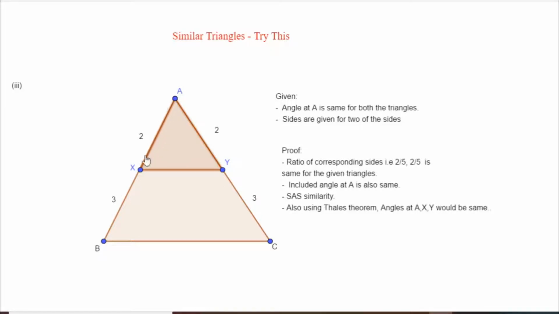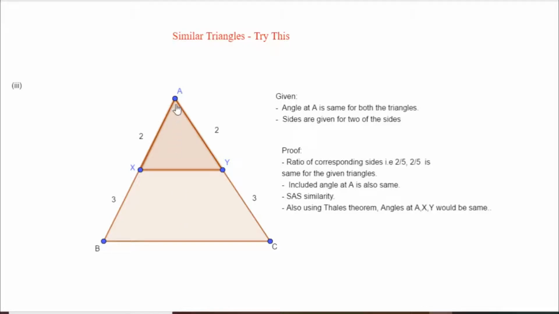That is AX, which is 2 units, and AY is 2 units. Coming to triangle ABC, side length of AB is 2 plus 3, which is 5 units, and length of AC is also 2 plus 3, which is 5 units. Since we know one angle and two sides, let us try SAS criteria to see if these two triangles are similar or not.